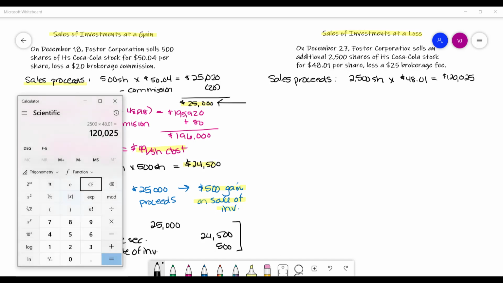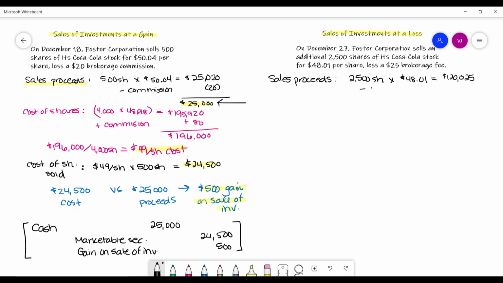Okay, but then we also have to pay that $25 brokerage fee. So we're going to subtract out the commission fee or the brokerage fee of $25. So really the overall proceeds end up being $120,000 in this case. So that's the overall sales proceeds.